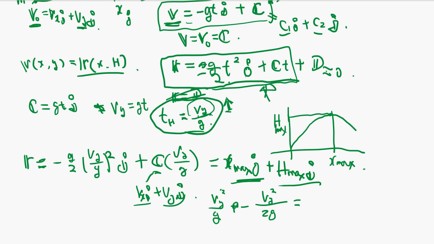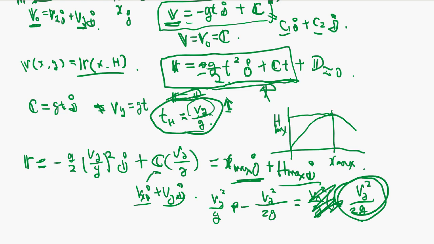It's going to be G Vy square minus 1 minus, let's see, it's going to be Vy square over 2G. Okay, so that's going to be the highest point.